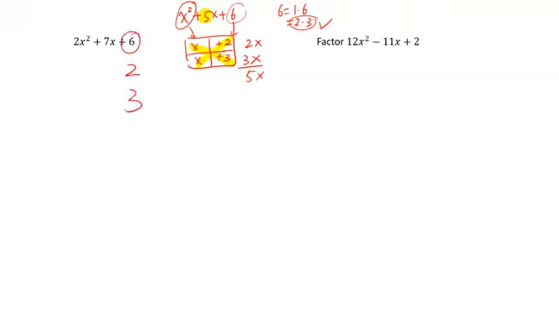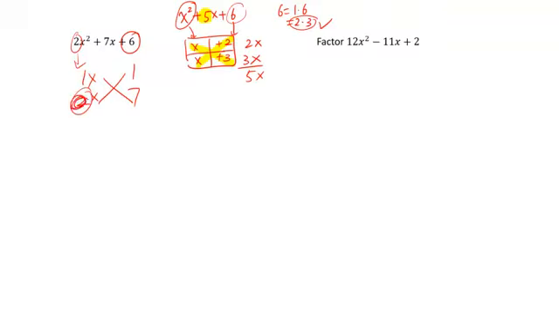Because we have 7, we might pick 1 times 6, but that's not going to work because we also have to break down this number as 1 times 2. And when you cross multiply, this 2 will have an effect on the cross products.